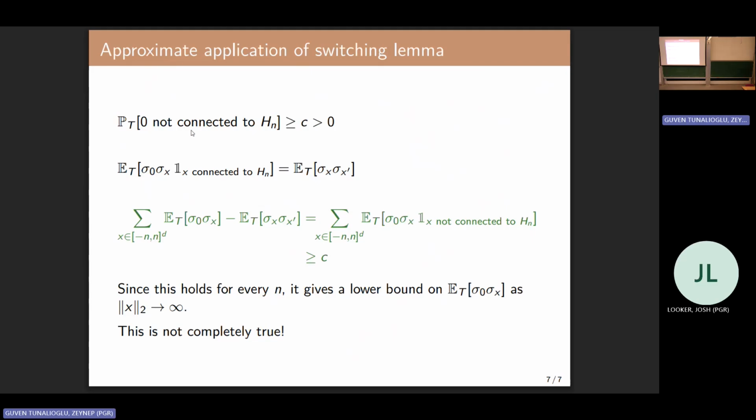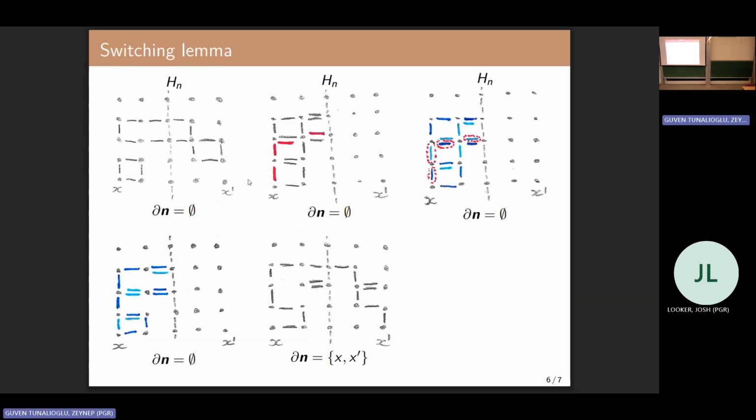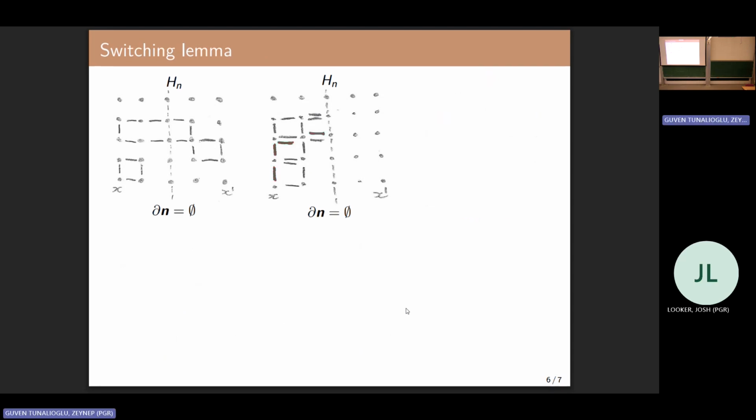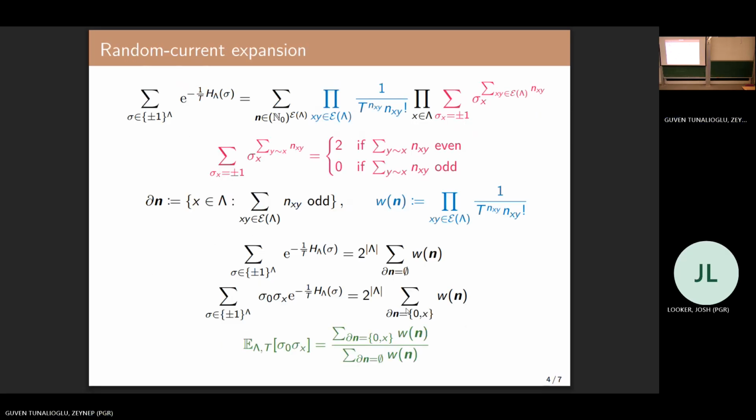If 0 is connected to HN, we can do this procedure and then show that this is equal to having a source at 0 and its reflection. But then going back, this means that if we have a source at 0 and its reflection, then that whole sum equals this probability over here of 0 and 0 reflection.